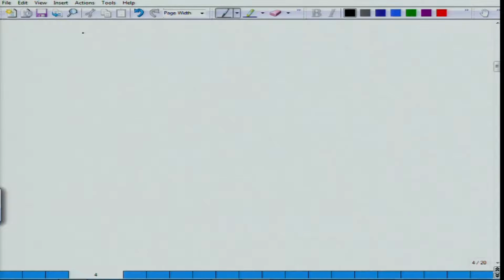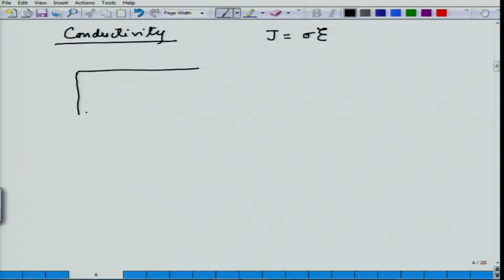I will recall that when we were discussing conductivity of any material, you know that current density is given by conductivity times the electric field, and conductivity there was dependent only on electron concentration, but here we are going to talk about conductivity of the material, which is going to depend on both electrons and holes. So, this is what we are going to assume in this model.